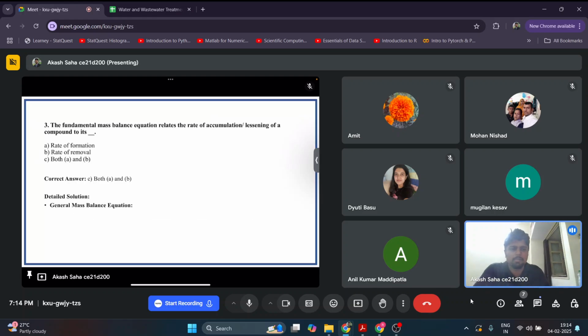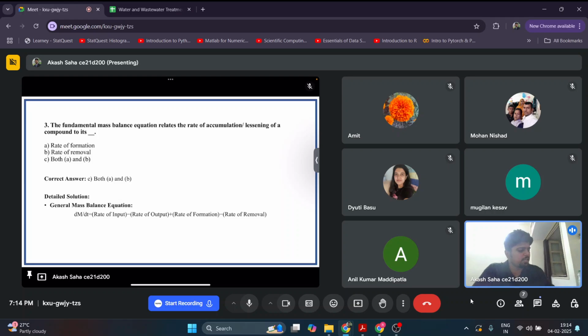And if you see the general mass balance equation, dM by dt will be equal to the rate of input minus the rate of output plus the rate of formation minus the rate of removal. So not only the rate of formation and removal, that is, if I say the rate of births or rate of deaths, there is a rate of input and rate of output also. So input and output can be some people migrating from one place to another. Okay, so how many people are coming into the city and how many people are moving out of the city. So rate of input and rate of output will also govern my rate of accumulation or lessening.